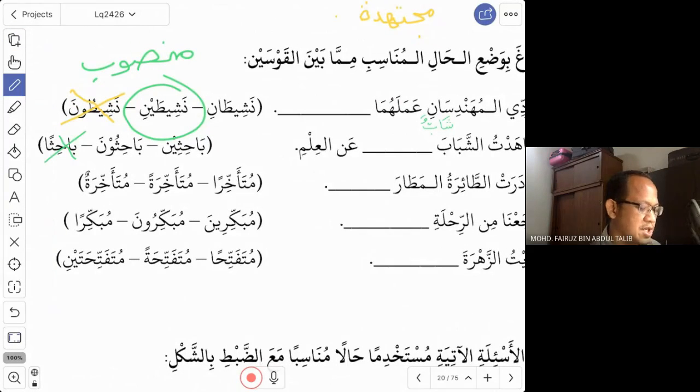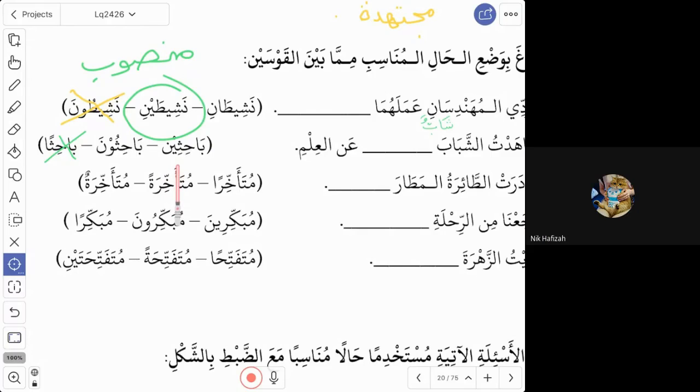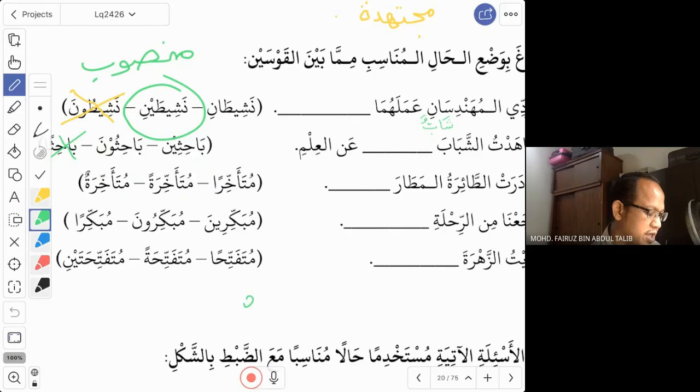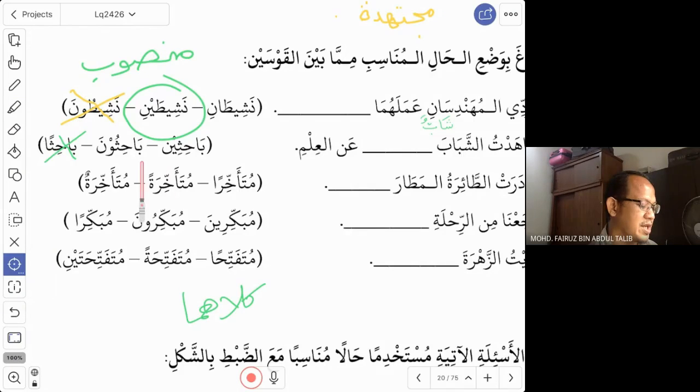Okay, so what about the other two? Bahisin, is this jamak? Yes, this is jamak. Bahisina, yes, this is jamak. Both are jamak. Kilahuma, both. Both are jamak, but the question is which version is the correct one?